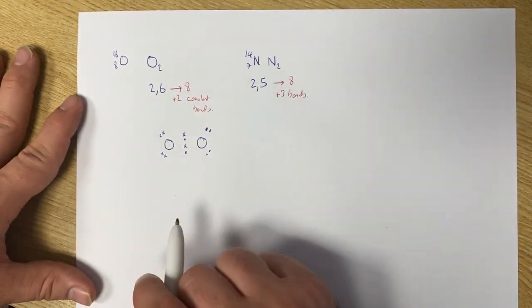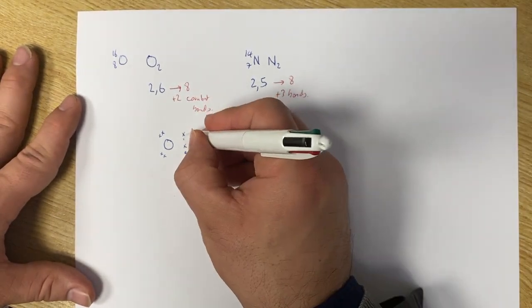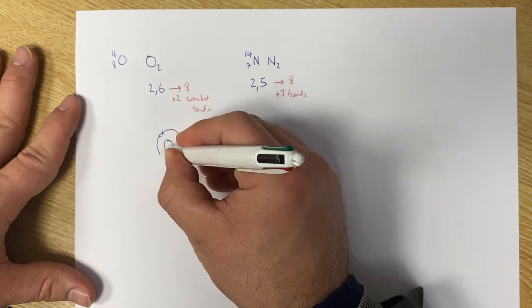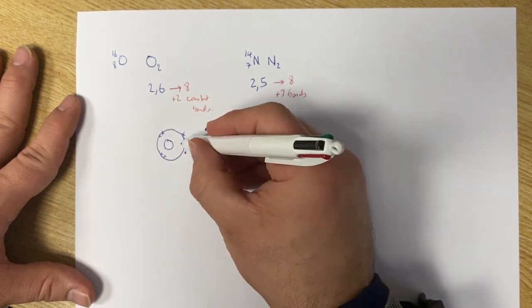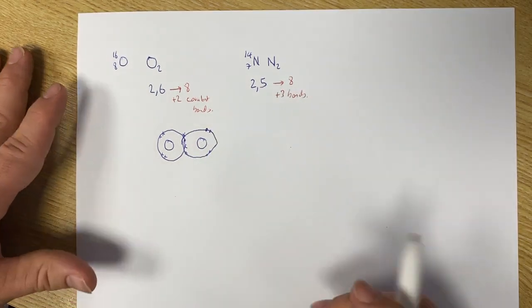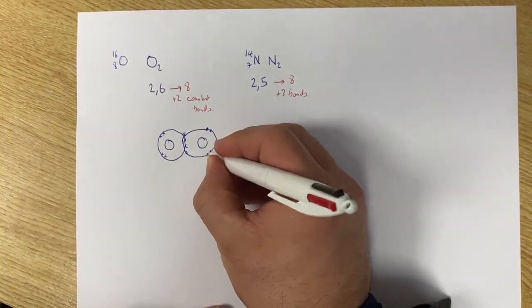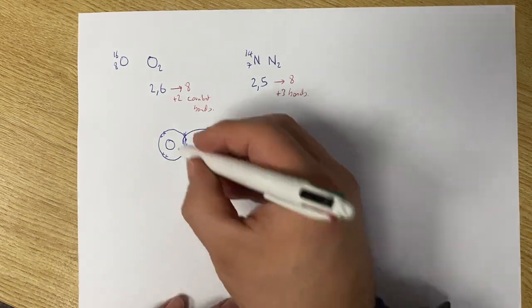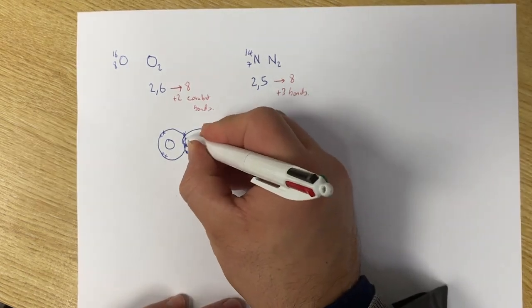I can draw it like this, which is an acceptable way of drawing it, or I can draw the overlapping circles like so. Either would be acceptable. Some people prefer not to include the circles, and that's absolutely fine. So you always have your 2 covalent bonds.